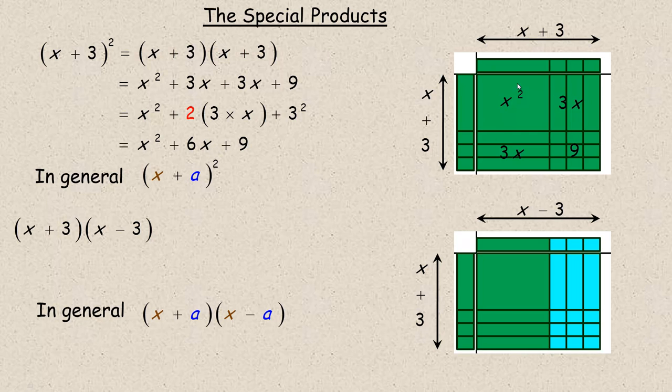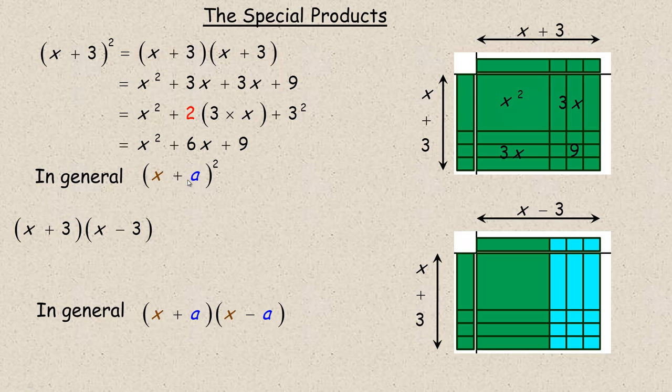This is just, again, a graphical representation to show you that's where all the parts come from. That x squared is this area here. These two things are the same, so there's 2 3x's, that's why that's a 6x. And this 9 comes from multiplying 3 by 3, or this 3 by this 3, that's why that's a 9.